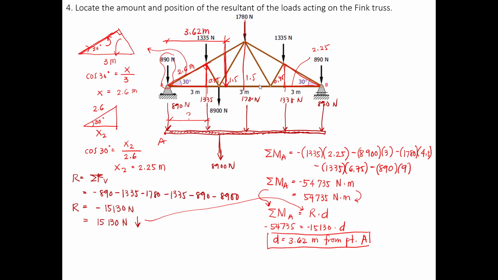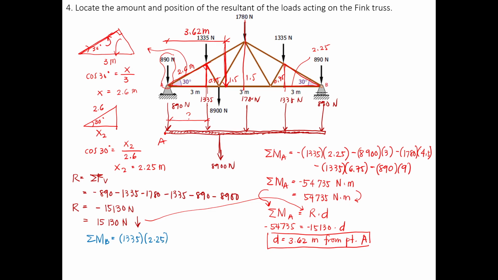So let's try comparing it with the moment at point B, if the location is the same. So let's write it here. So moment at point B is equivalent to, I think it's the same, since the figure is symmetrical. Starting from right to left, 1335 times 2.25.